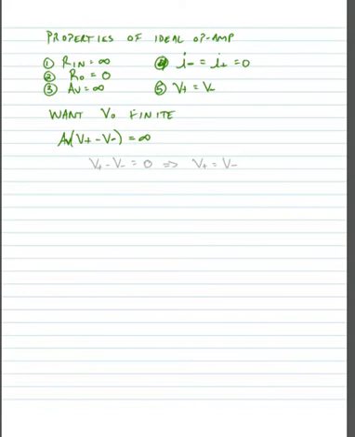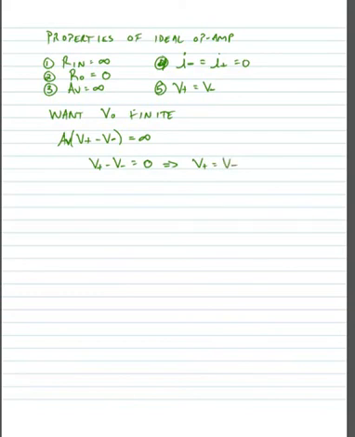And we don't want an infinite output, so the only way that we can avoid an infinite output is to have V plus minus V minus equal to 0, in which case what we mean here is that V plus is equal to V minus.